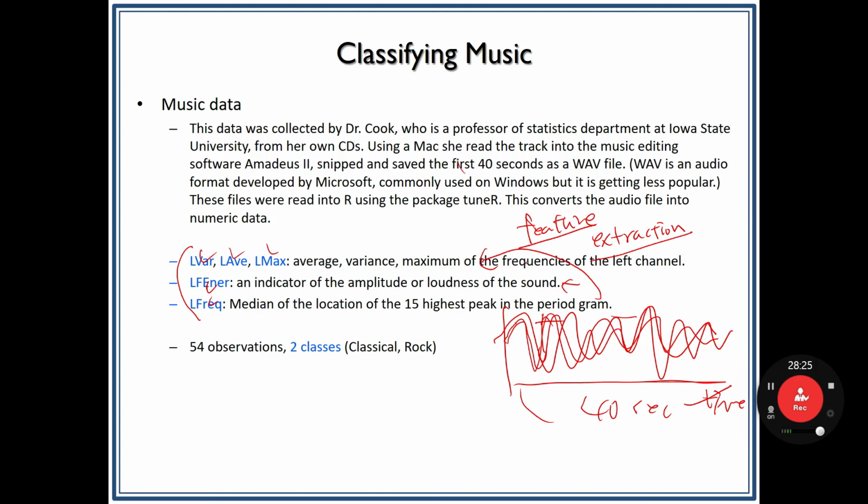I told you about this at the very beginning of this class. The typical procedure is, from the raw data, especially this kind of time series data, we extract features. After that, based on those features, which is what we are doing now using this music example, we build a classification model.